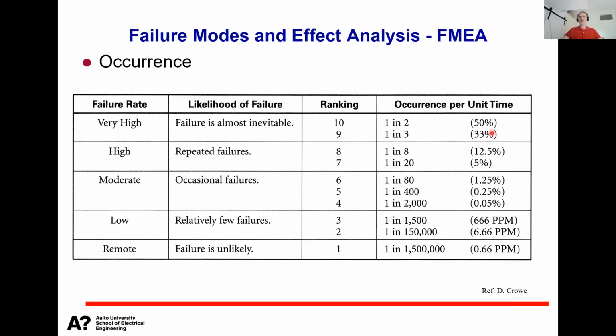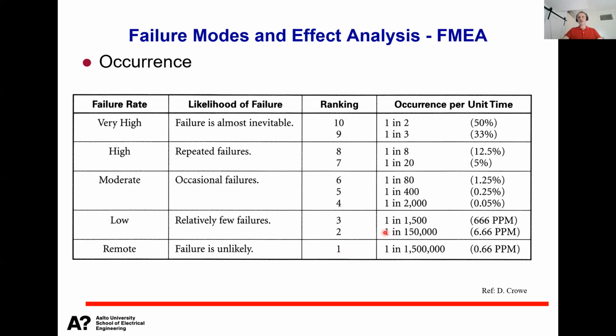If it's 1 failure out of 3 use events, then it's 9, and so on. And if it's 1 event out of 1.5 million use cases, so 0.66 parts per million, then it's very unlikely, and you assign the 1.